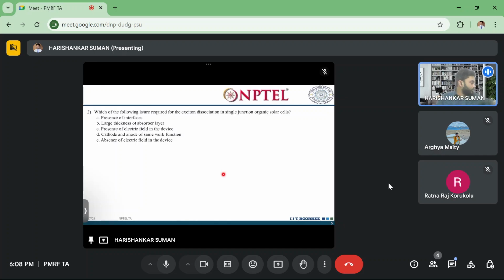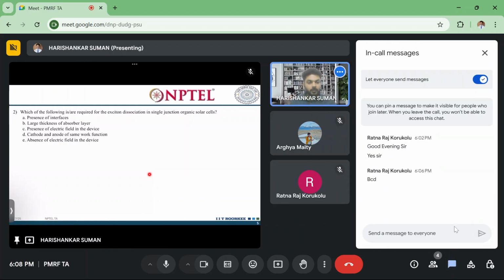Read the question. Which of the following is or are required for exciton dissociation in a single junction organic solar cell?